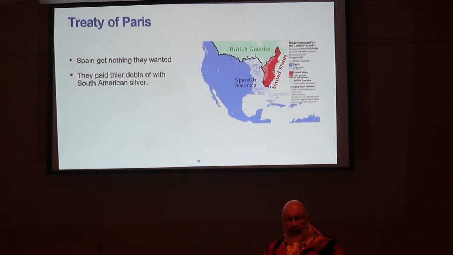Two reasons. A, trade would have been next to impossible, because how are you going to get the goods you wanted out of everything west of the mountains to British ports? You didn't have access to New Orleans. You're going to ship it to the Great Lakes and up the St. Lawrence and across. So they let the Americans handle that problem.